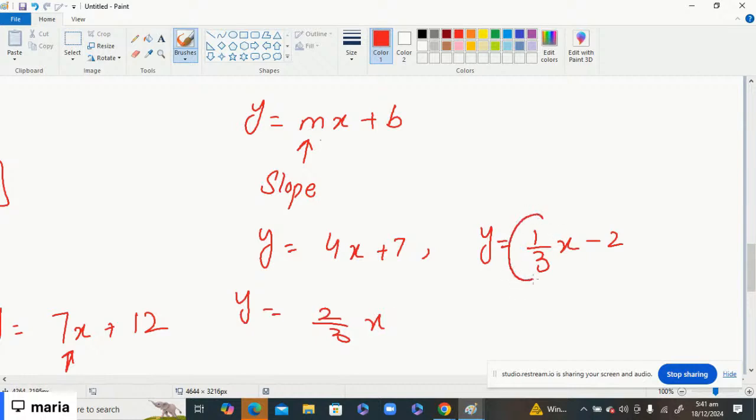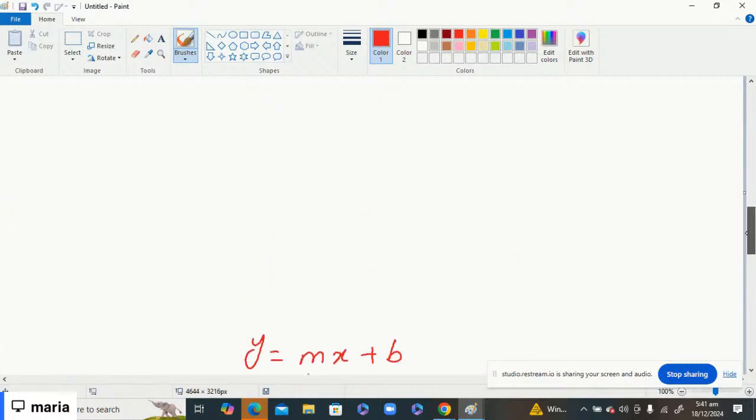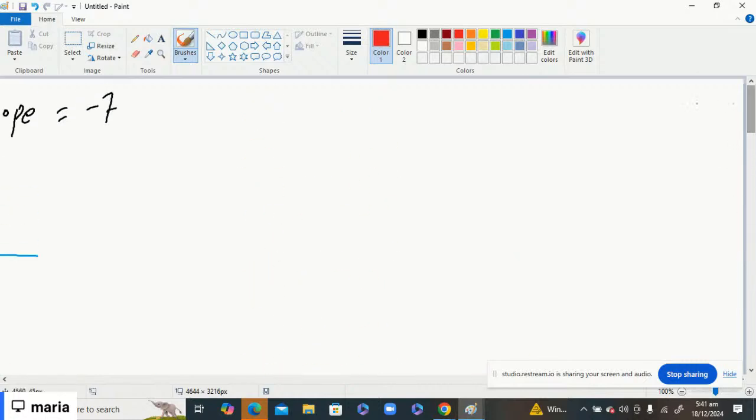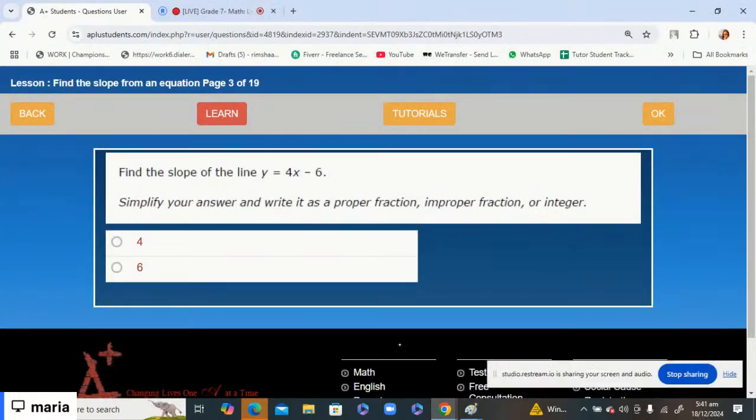Any digit which is multiplied with the x, we can say that these are our slopes. Also the sign with it. If there is a negative sign, then the slope is minus 1 by 3. Okay. So here, what is the slope? That is 4. So here we go with it, the 4.